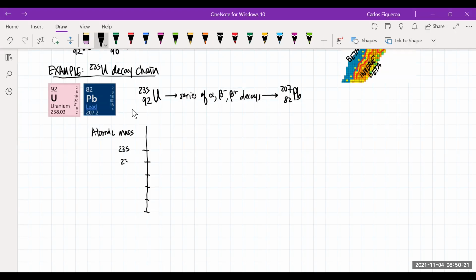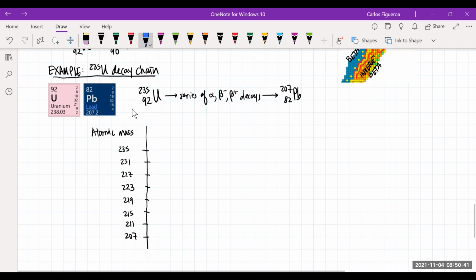So then this is 231, 227, 223, right? 219, 215, and I got to keep going. And then this guy's got to be 211, and then finally I get to 207.